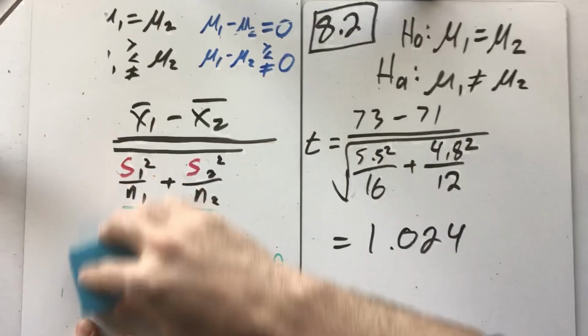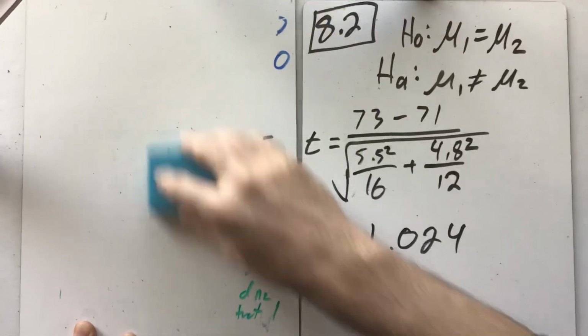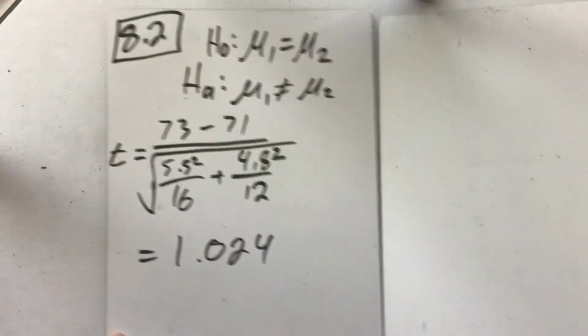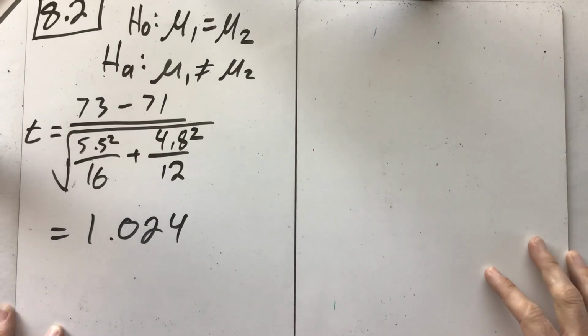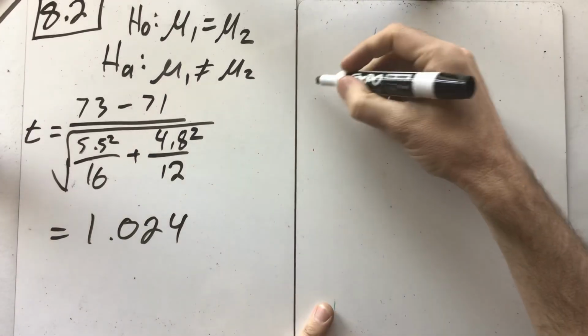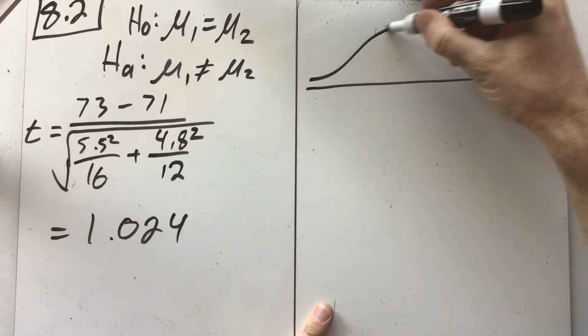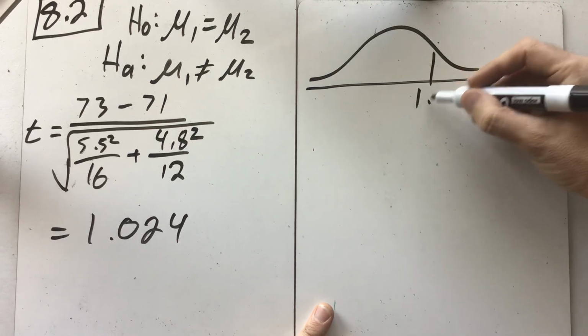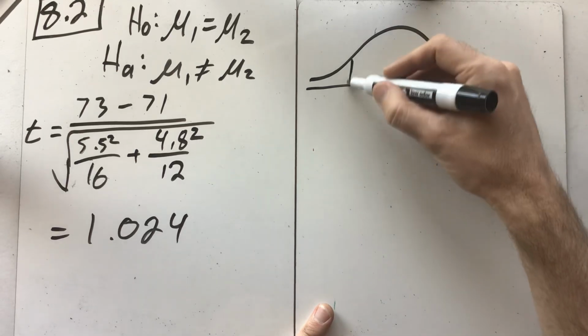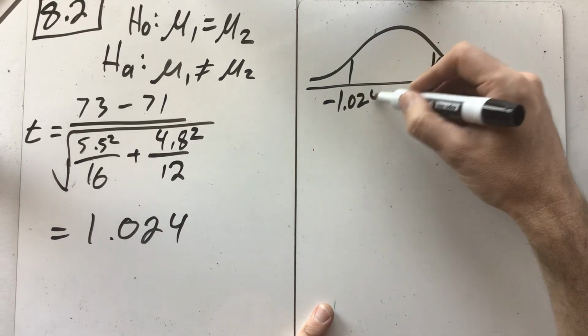Now, the next thing we need to do is find our p-values. And what we know is that to do our p-values, we solve the problem basically the same way as we did before, except we use our t-distribution. So we have our same picture. I'm going to have 1.024. And now I'm going to shade this side. The only difference is now I also have a negative 1.024.